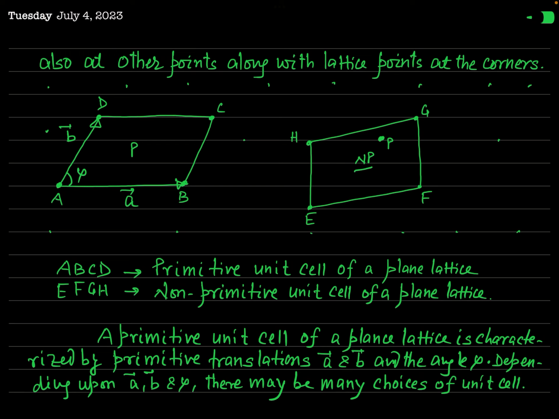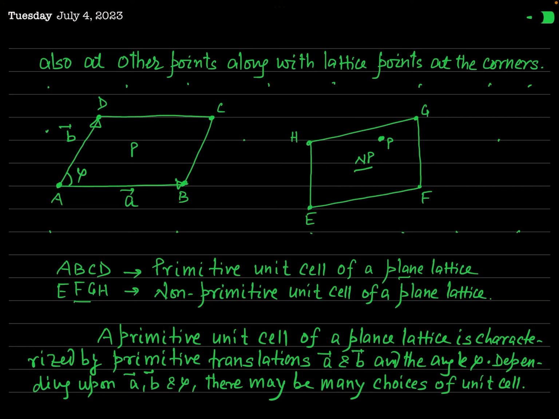So you can see I have mentioned it here that ABCD is a primitive unit cell of the plane lattice, while this EFGH is a non-primitive unit cell of the plane lattice. I think you have clearly understood the basic difference between a primitive unit cell and a non-primitive unit cell. I am just repeating the fact.